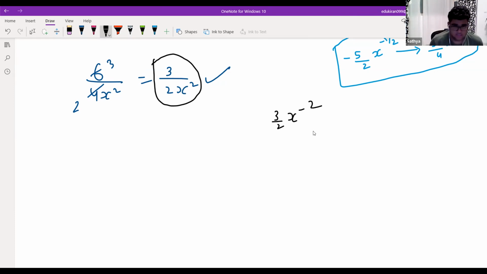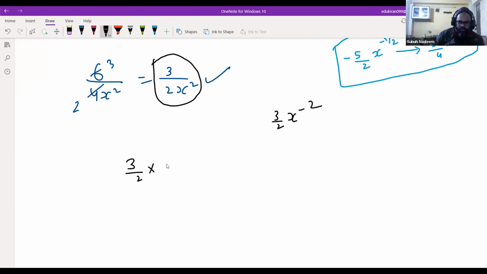Is that right? No, you can't get that because when you differentiate it, 3 by 2 will be outside into the differentiation of x to the power minus 2, which will be minus 2 x to the power minus 2 minus 1. So 3 and 2 will cancel.